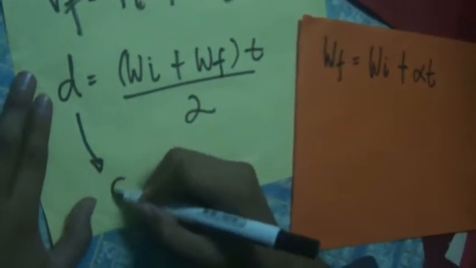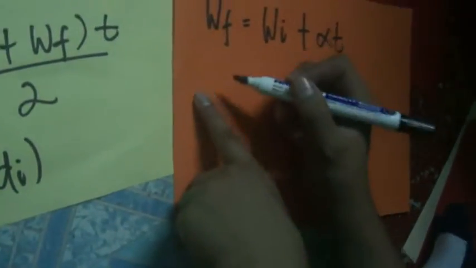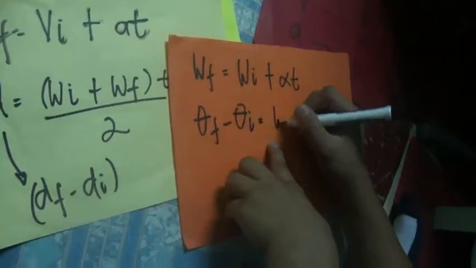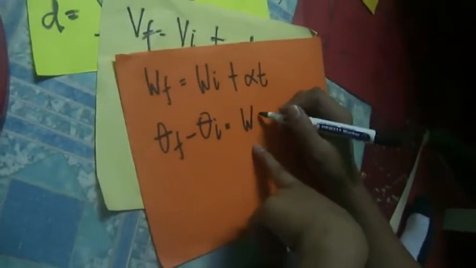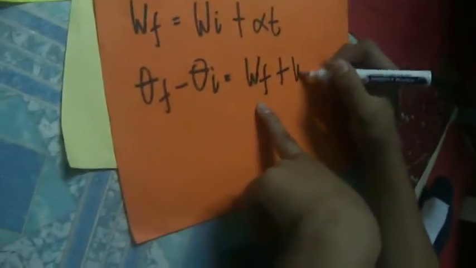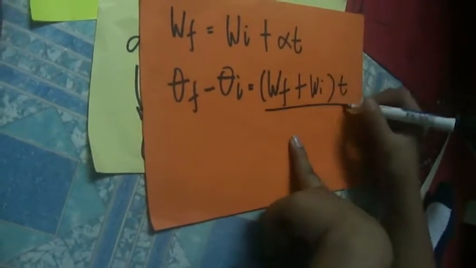And the last one would be this equation, where distance is equal to final distance minus initial distance. So d becomes angular displacement, final angular displacement minus initial angular displacement, which is equal to the final angular velocity plus initial angular velocity times time over 2.